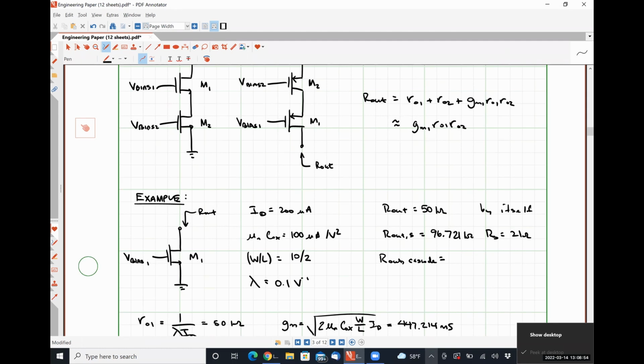So we effectively doubled the output resistance by including that 2 kilo ohm resistor. Now, lastly, we just need to figure out effectively what gm times R naught squared is, right, using the substitution rule. So it's gm times R naught squared.